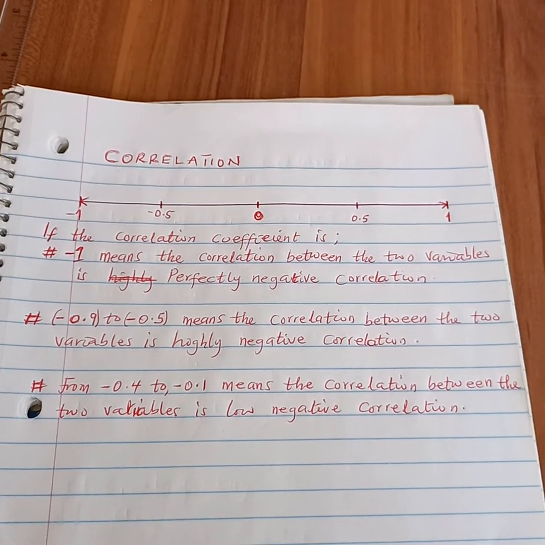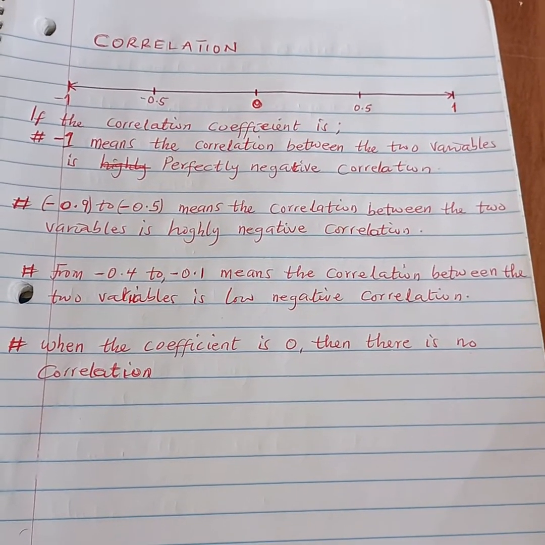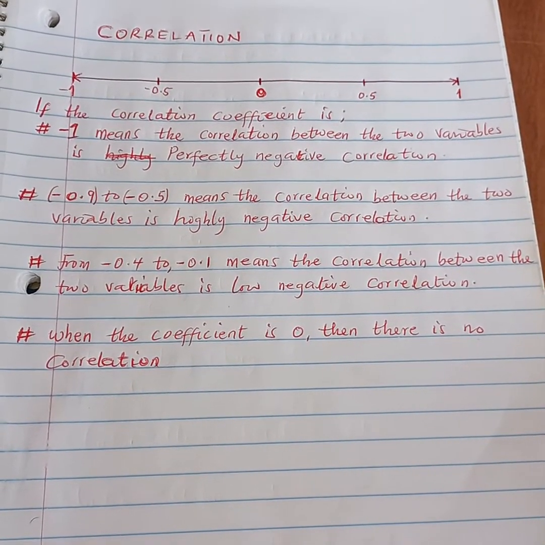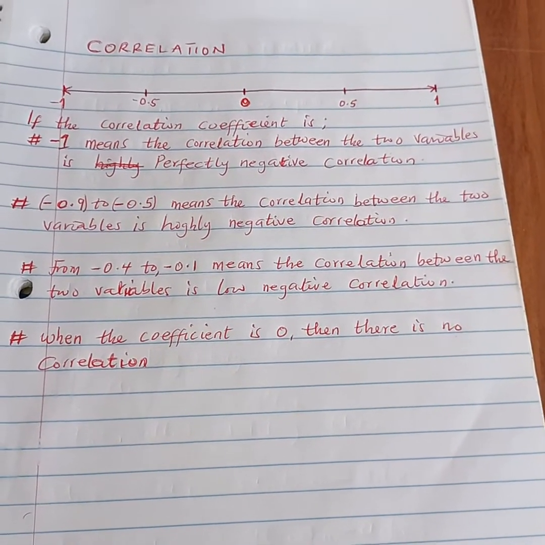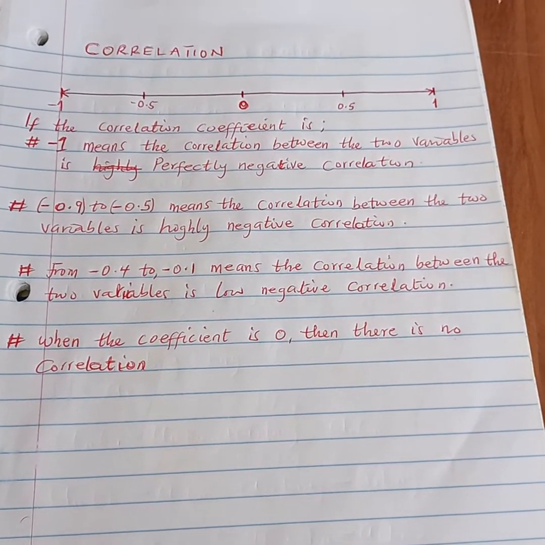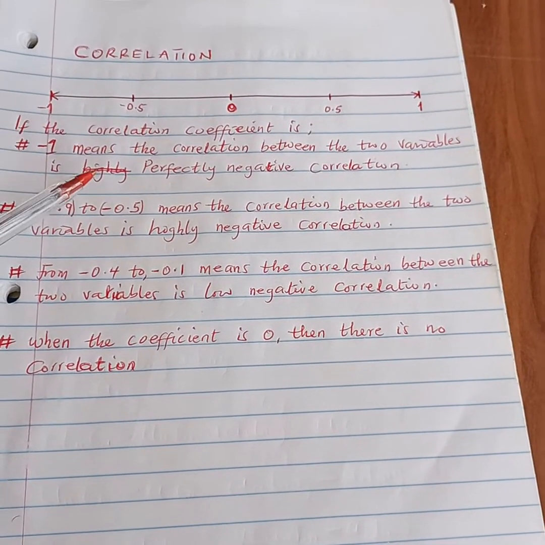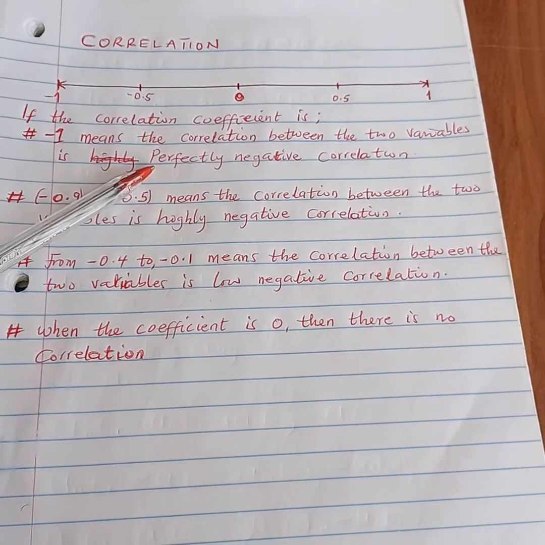Let's look at another rule. Another rule is also saying that when the coefficient is 0, then there is no correlation. So you could see that when it is -1, it means the correlation is perfectly negative correlation.